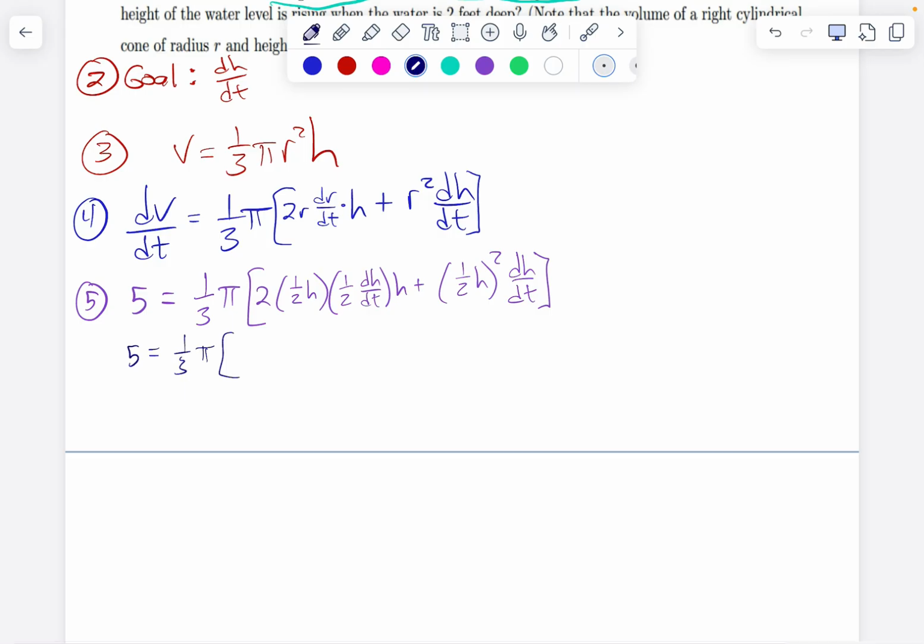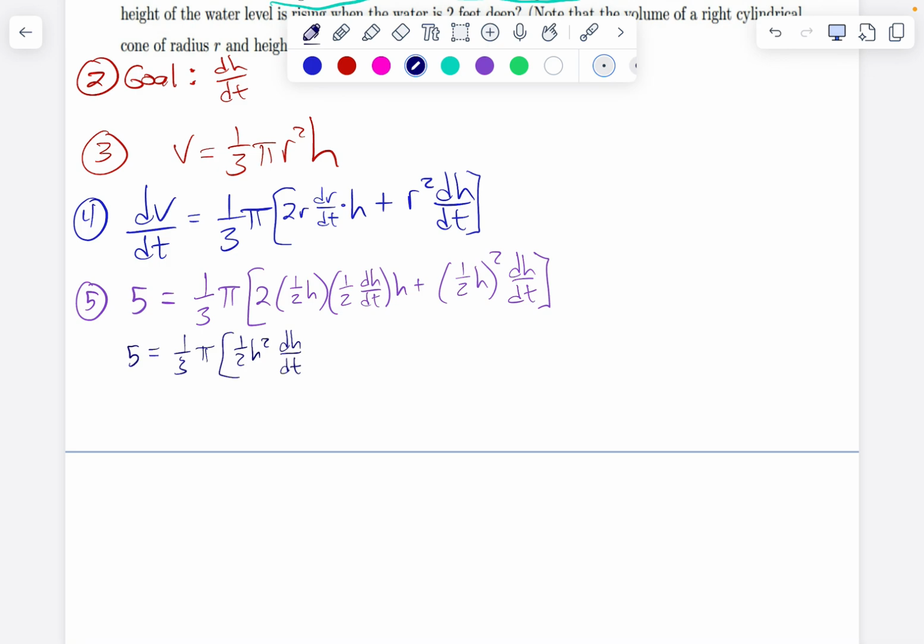Here's what I see. 2 times 1/4 is what? Or you could just say 2 times 1/2 times 1/2. 1/2, and then we have h times h. H squared. Okay, so this becomes 1/2 h squared, and then dh/dt.